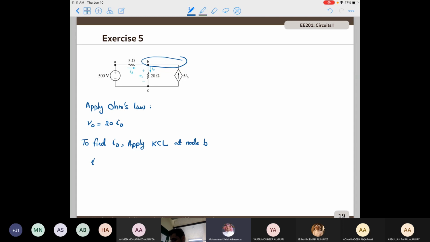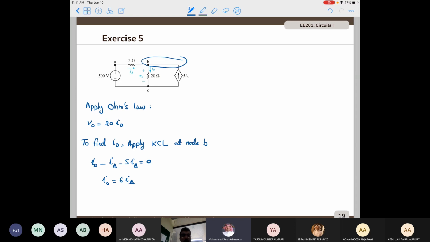I naught will be positive because it's leaving that node. I delta will be negative because it's entering that node. And again, 5 I delta will be negative because it's entering that node. So this implies that I naught is actually 6 I delta.